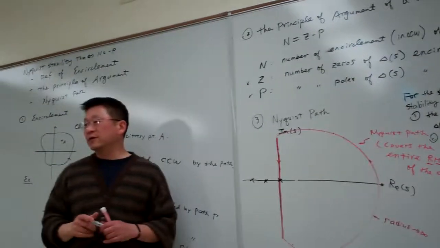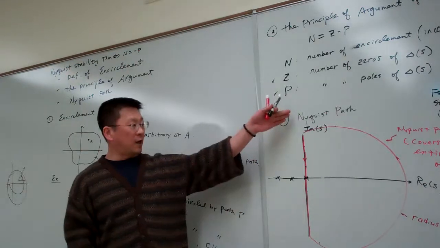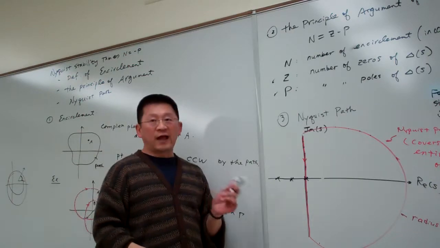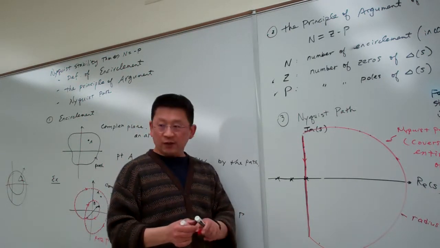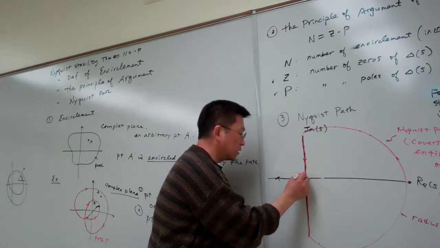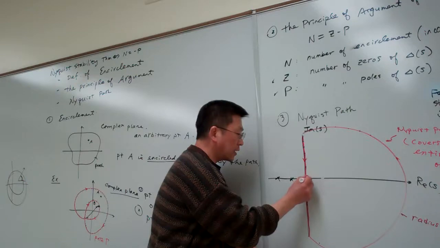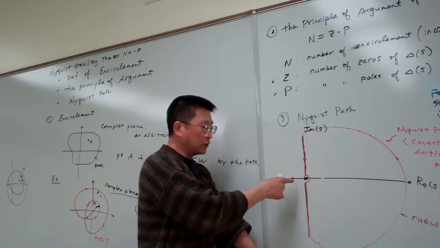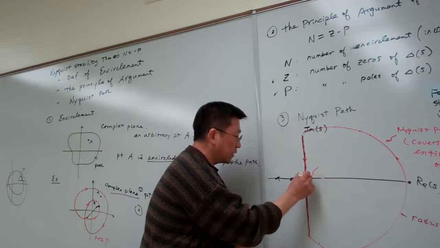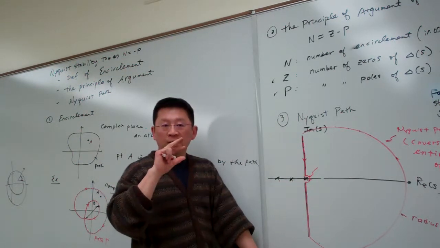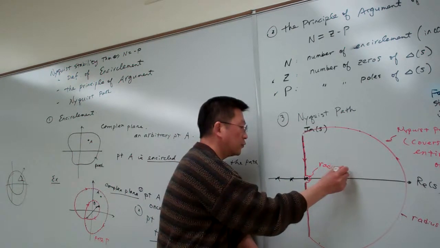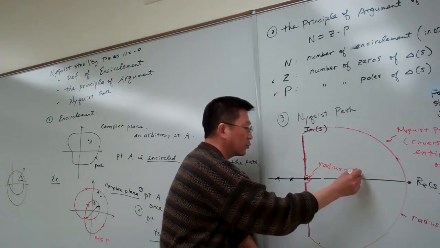Okay? So if you have any poles located on the imaginary axis, for that case the Nyquist path will be to surround them, not to include them. So here you can use a semicircle to surround this. That's the surrounding direction. So this is surrounded using a semicircle with a radius equal to epsilon, where epsilon is approaching 0.